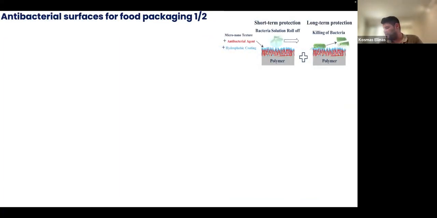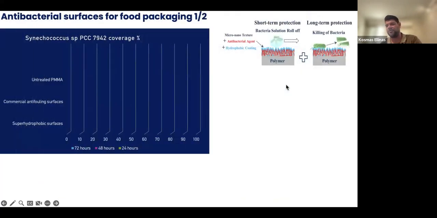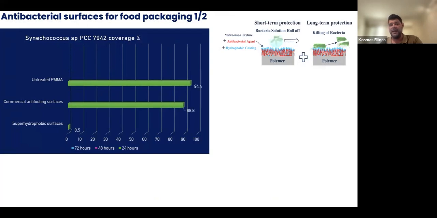And as I told you in the beginning, of course, we can use the same functionality, which is wetting control, in order to control the pathogens adhesion on surfaces. So by adding this micro nanotopography, we can see that we can reduce the coverage of bacteria on this kind of surfaces.